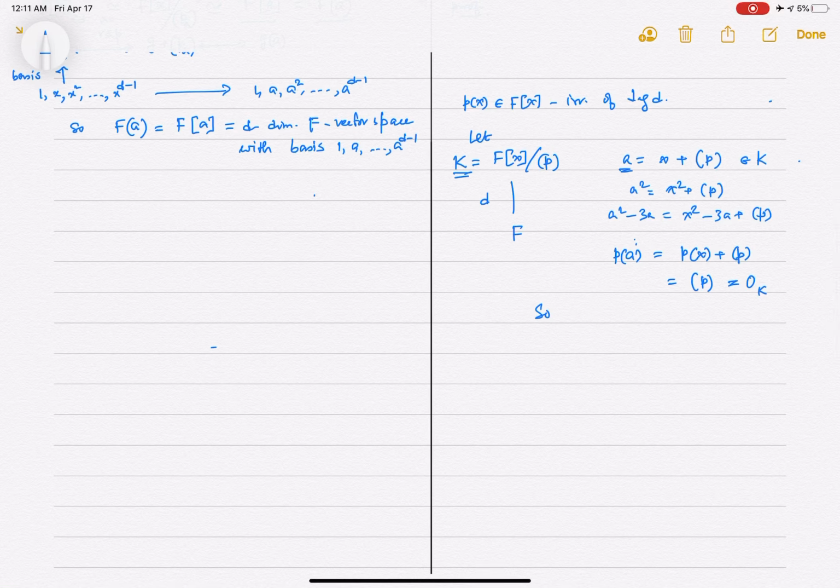So you could not solve this polynomial in F, but now you can solve it in K because you made K to have a root of p.